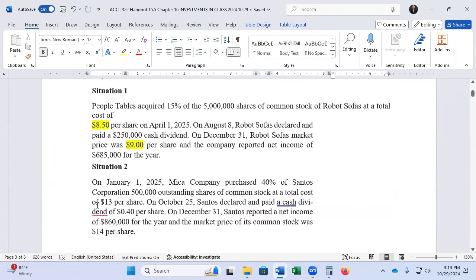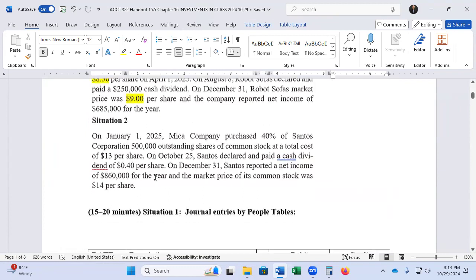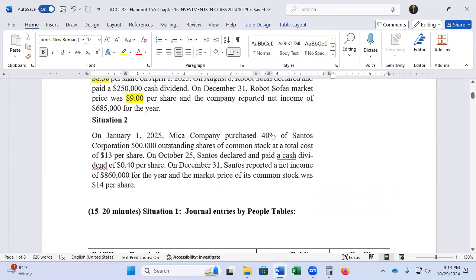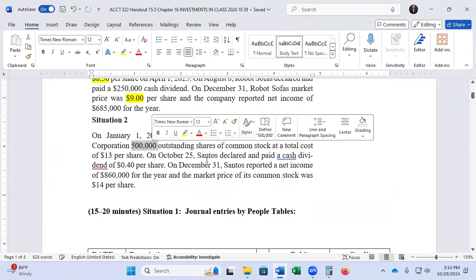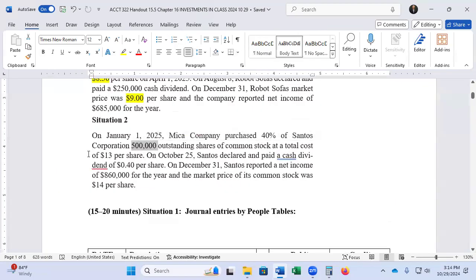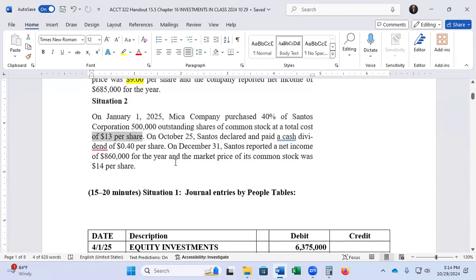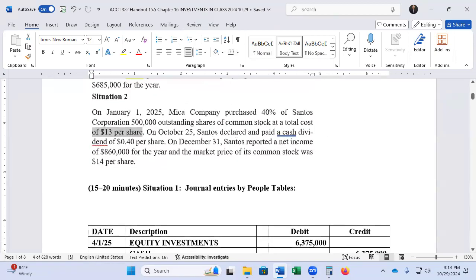Okay, let's take a look at situation number 2. On January 1, 2025, MICA Corporation purchased 40% of Sanders Corporation's 500,000 outstanding shares of common stock at a total cost of $13 per share. On October 25th, Sanders declared and paid a cash dividend of 40 cents per share.